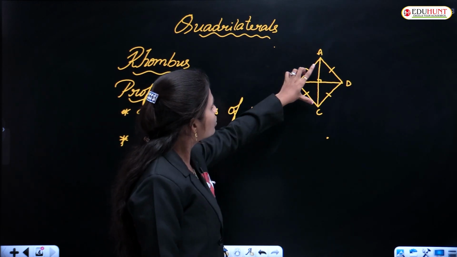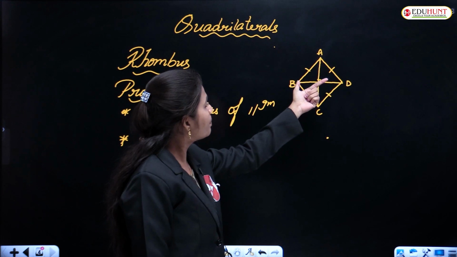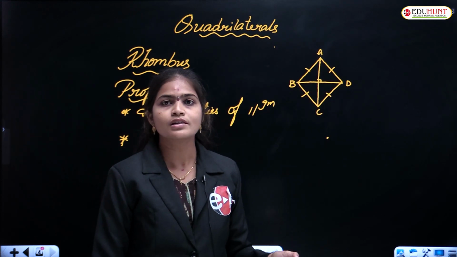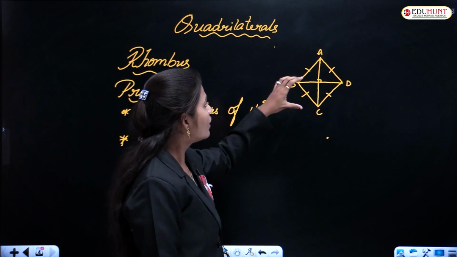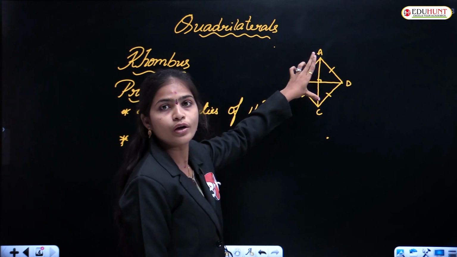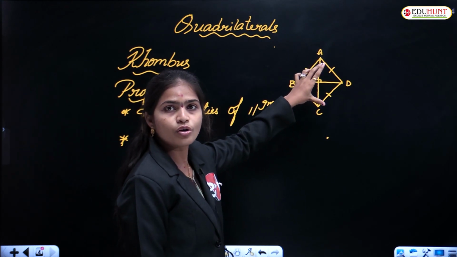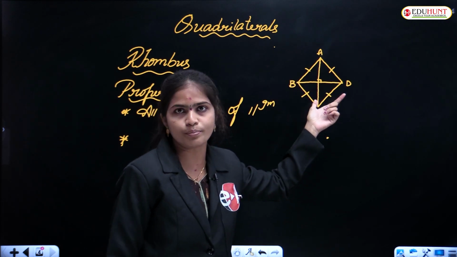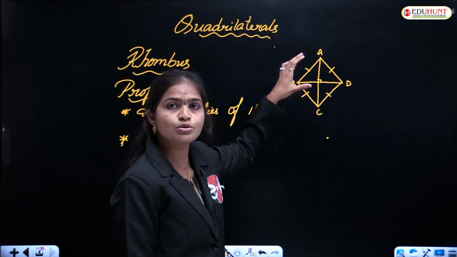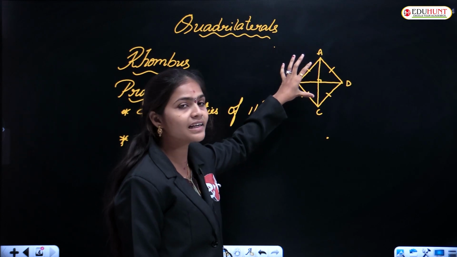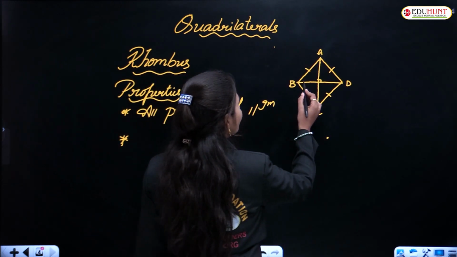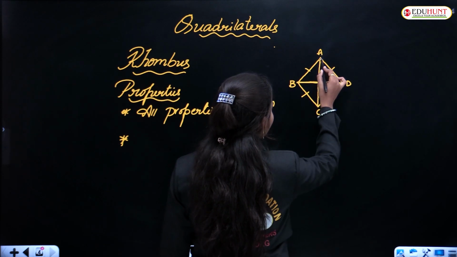These two diagonals perpendicularly bisect each other. One diagonal of a rhombus bisects the other diagonal, and these two diagonals bisect each other at 90 degrees.